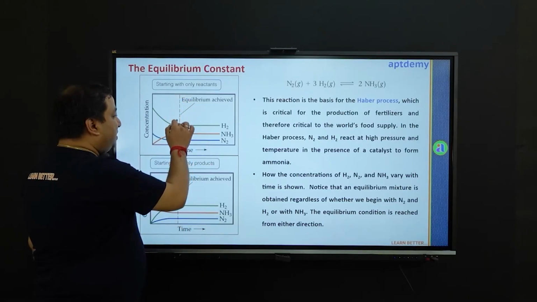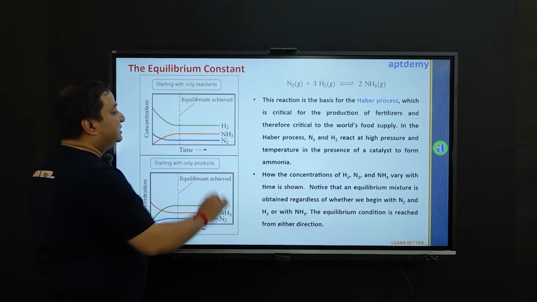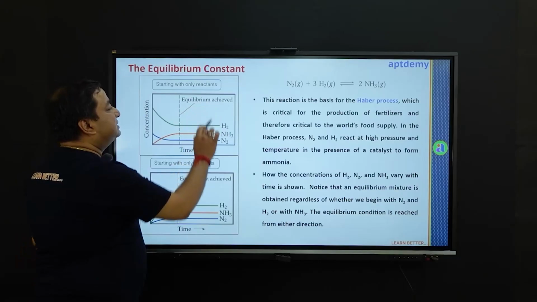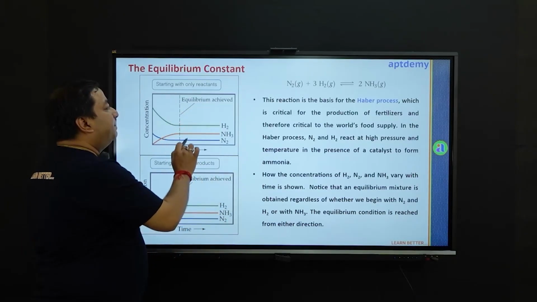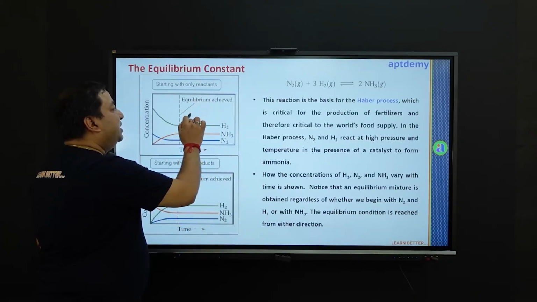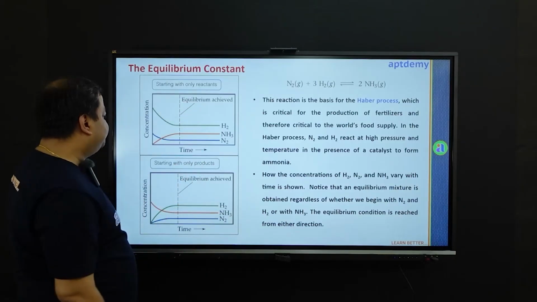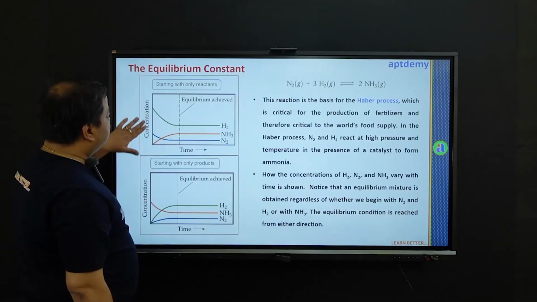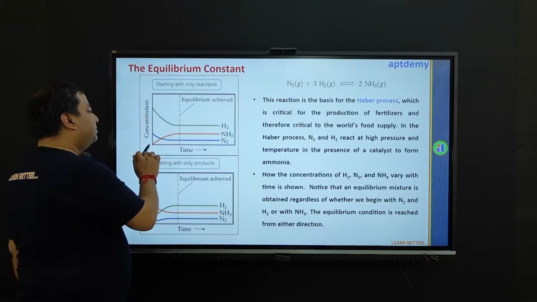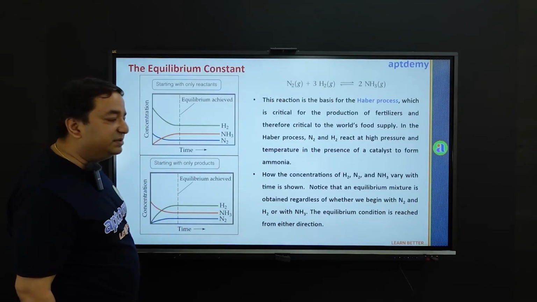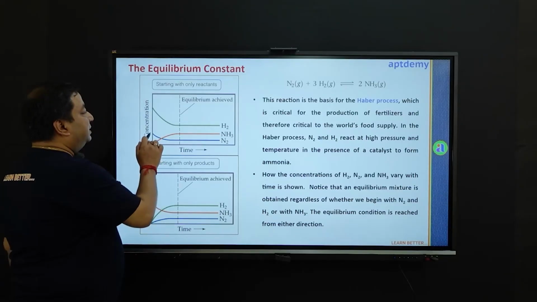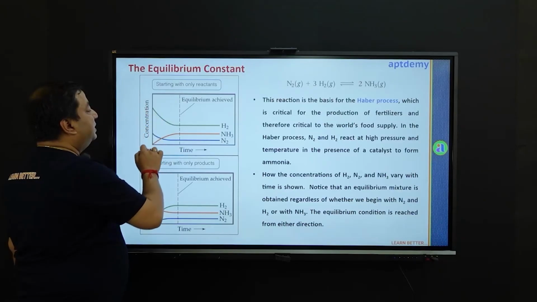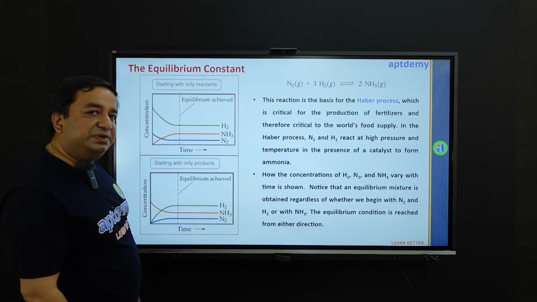So this dotted line, after which the concentrations of these three molecules are not changing, is known as the equilibrium, or we will say this is the point where equilibrium has been achieved. Okay. Now in terms of concentration, you can see at the very initial point there is zero concentration of ammonia, but if you compare the concentrations of N2 and H2, they will be in a 1:3 ratio.